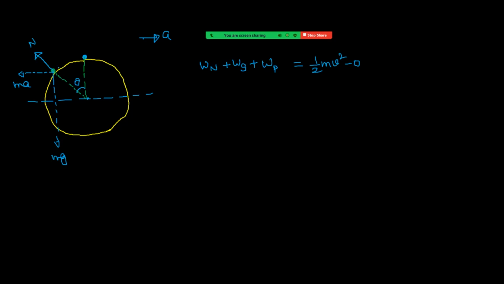And you can see normal reaction is always normal to the tangential. If I am taking any small displacement, it is always normal to displacement. So by this, no work is done.